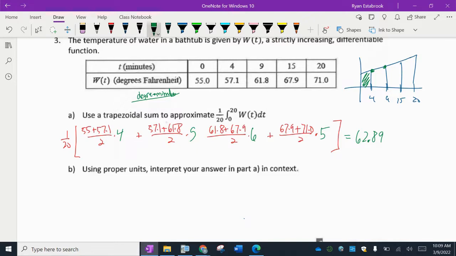This is one of the things about this formula, where math is usually very consistent and logical, but here you have to read into it a little bit. What is this 20 really referring to? 20 minutes. So you're dividing by minutes, even though it wasn't written in there. It's like an implied 1 over 20 minutes. So our answer should be degrees. What is this 62.89?